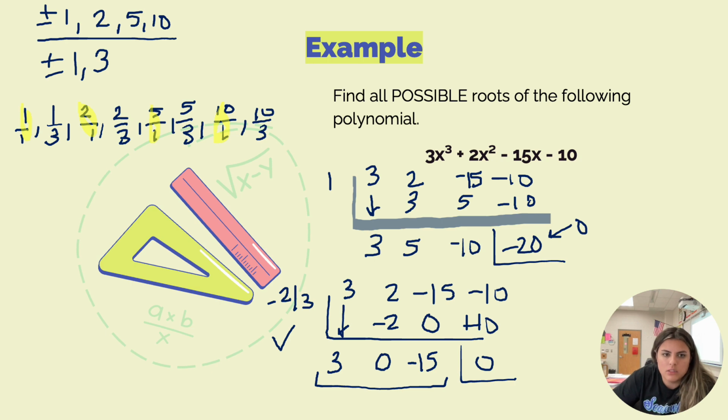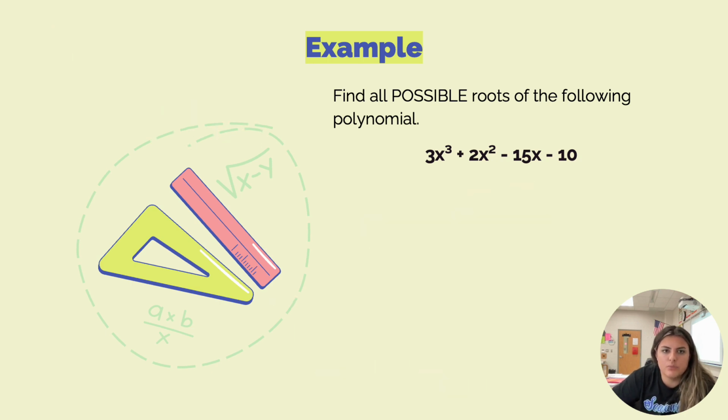I'm going to just clear this page here so we have some room. So we had at the bottom there 3, 0, negative 15. So I knew that negative 2/3 was going to work. Okay. Hold on, I'm getting ahead of myself.